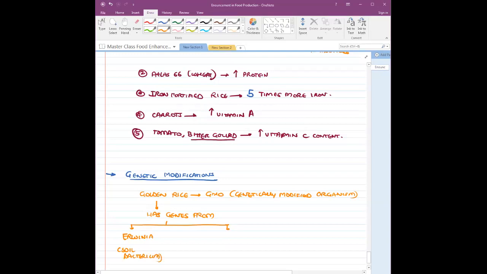And the second gene, guys, we are going to obtain either from daffodils or from maize. Either of the two.